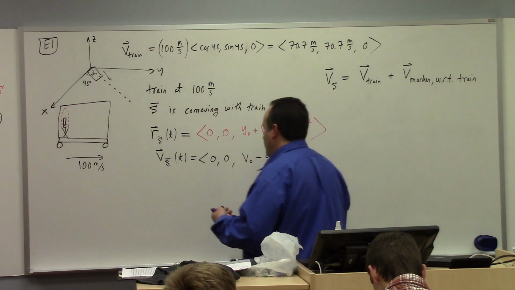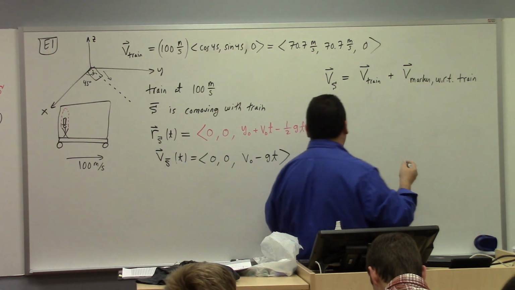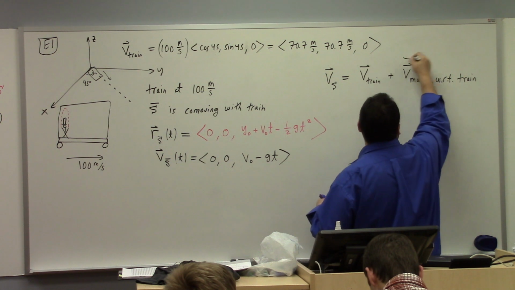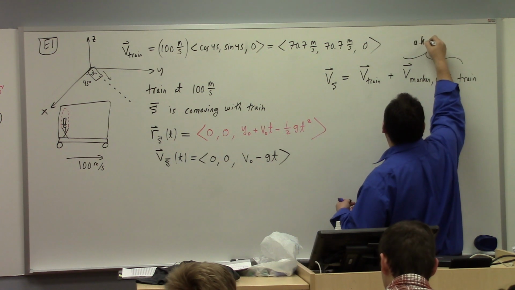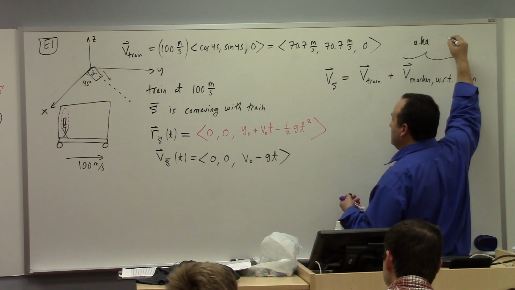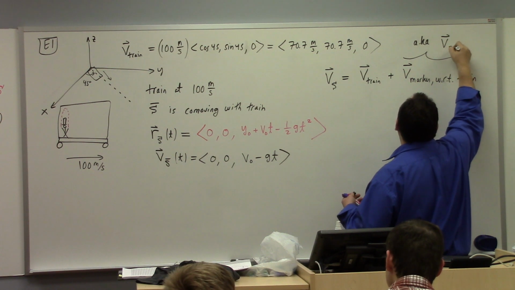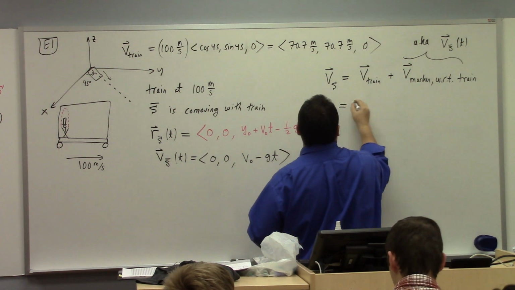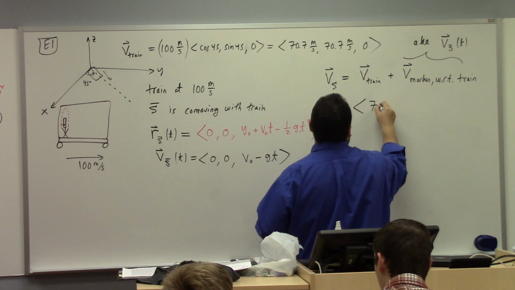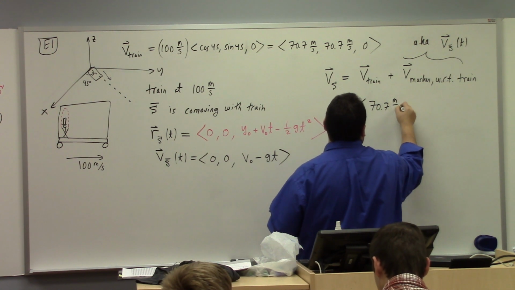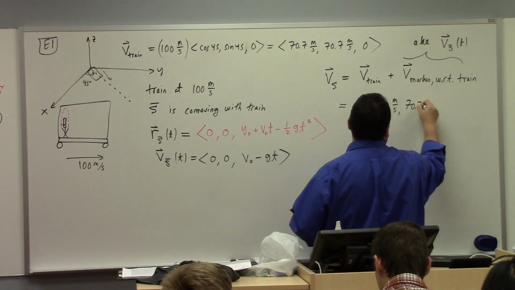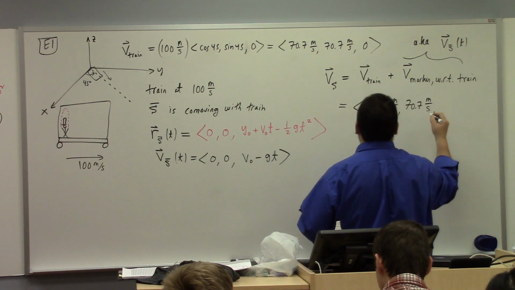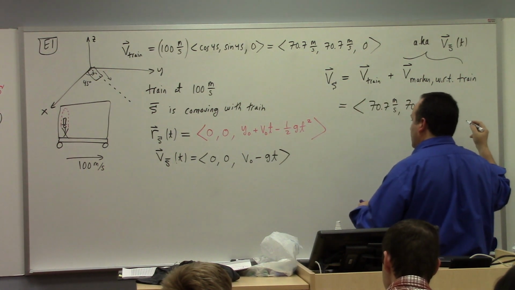The velocity of the marker with respect to the train is what I've also called S bar. And so anyway, long story short, here it is: 70.7 meters per second, 70.7 meters per second, and then you got your V naught minus GT.